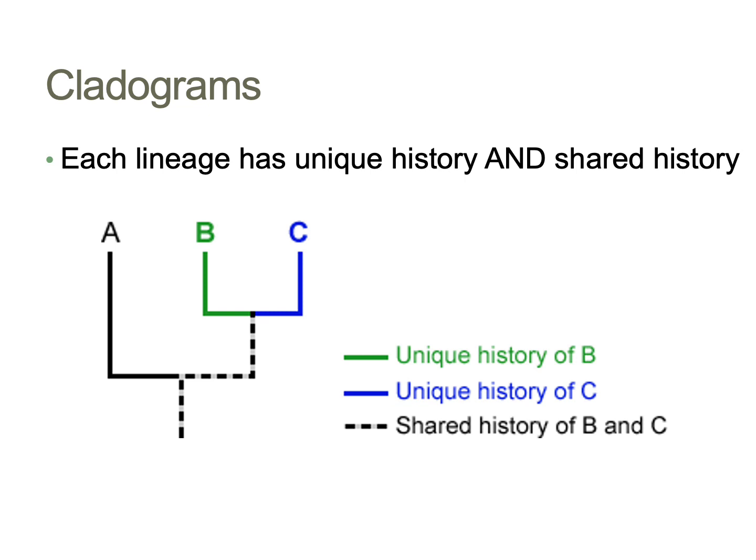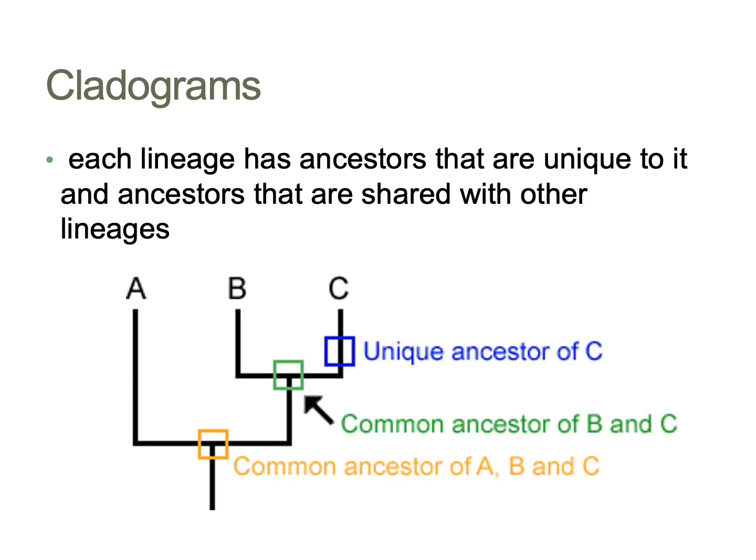The blue color here is a unique history for C, and the green solid line here represents unique history for B. The solid black line here is unique history for A, and this dotted line is actually showing the unique history of B and C in this cladogram.